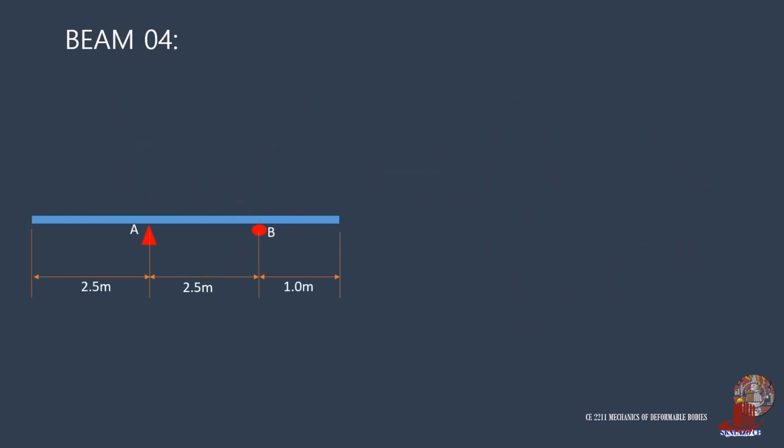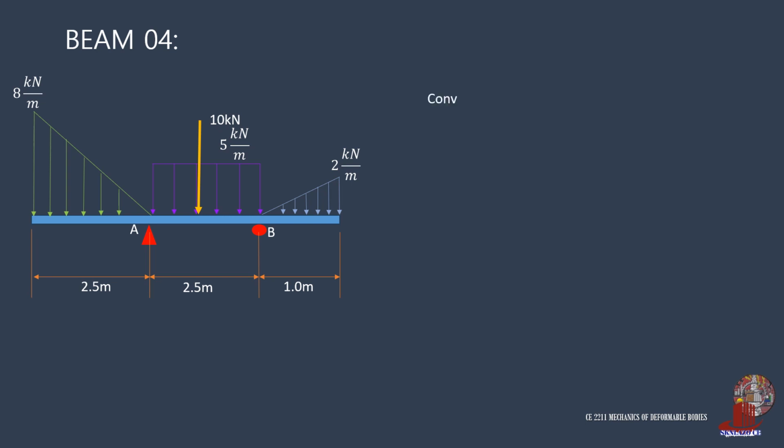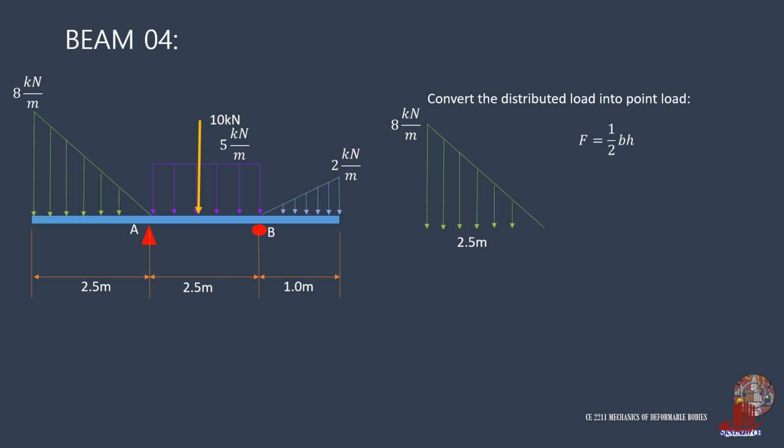The fourth beam system carries a triangular load at the left, a rectangular load between the two supports, with another 10 kN concentrated load applied exactly at the center. Then, another smaller triangular load at the right overhang. The left triangular load can be converted into point load F with magnitude of half of 2.5 times 8, which becomes 10 kilonewtons.